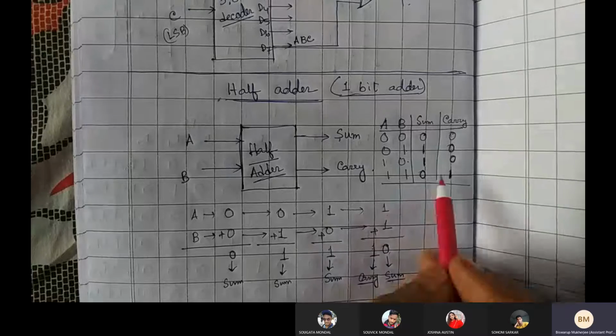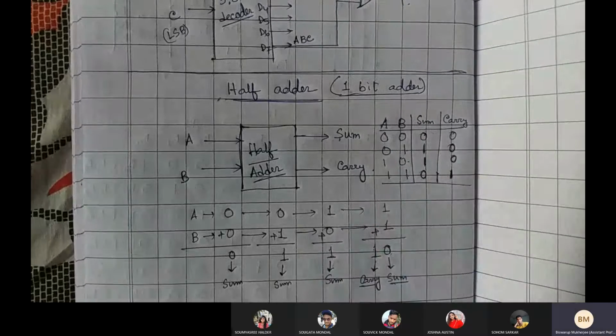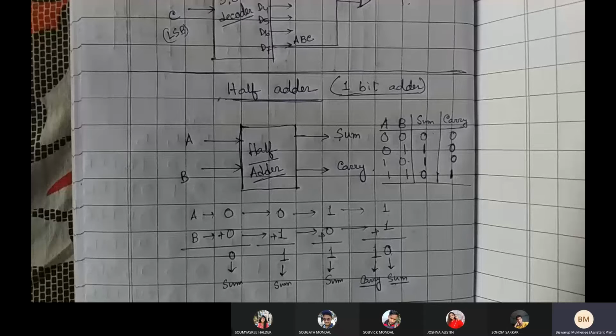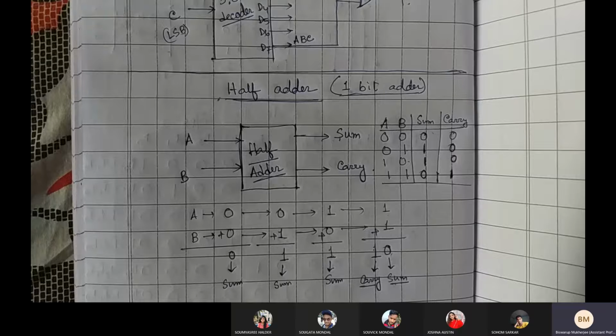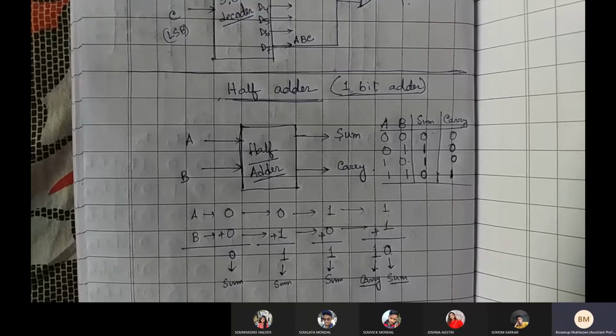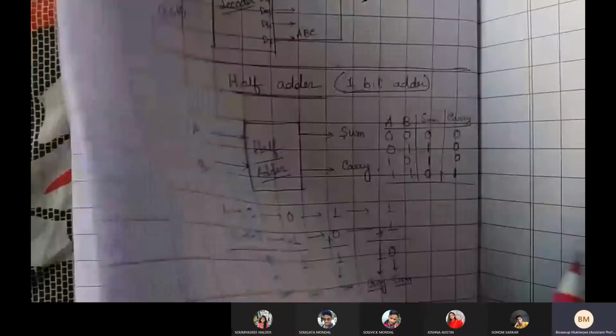If you look at this sum, you can make it with the help of a K-map. Obviously, you can do it with a K-map. But if you directly look at this sum, it has the same response as an XOR gate. Probably you can just remember what the XOR gate was.